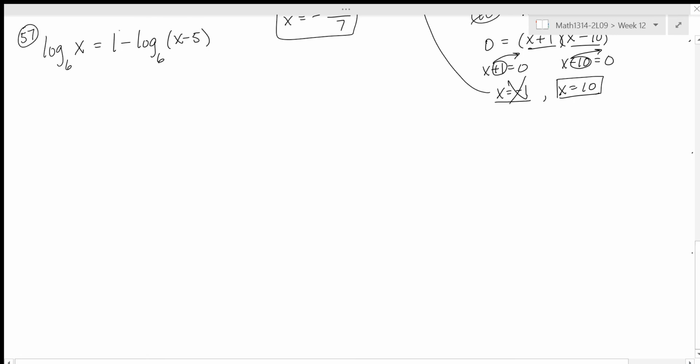So the very first step, we're going to have to bring that log base 6 of x minus 5 over to the other side. And it was negative, now it's positive.